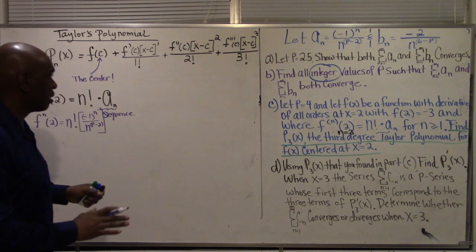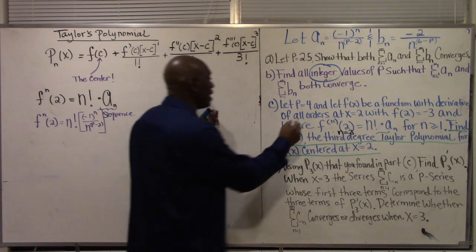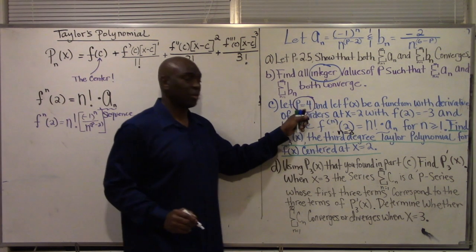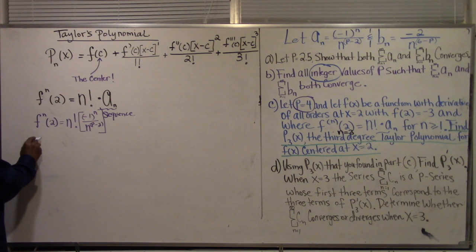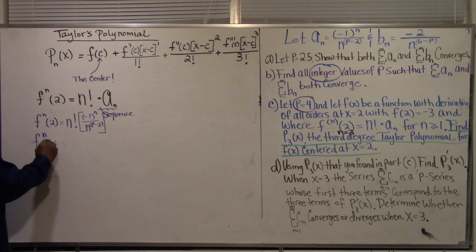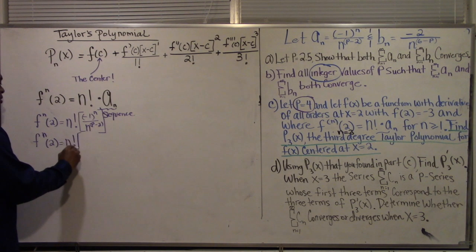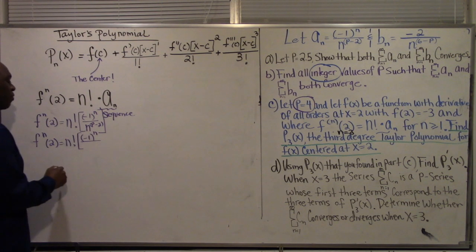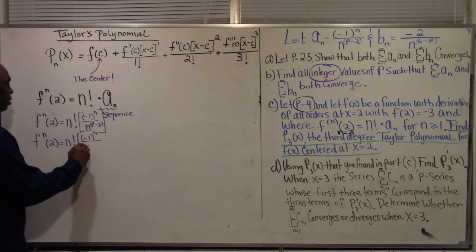Let's go a step further. They tell you what p equals. P is 4. Let's rewrite it again. So we have f n of 2 equals n factorial times -1 to the n all over, and since p equals 4, 4 minus 2 is 2, n squared.